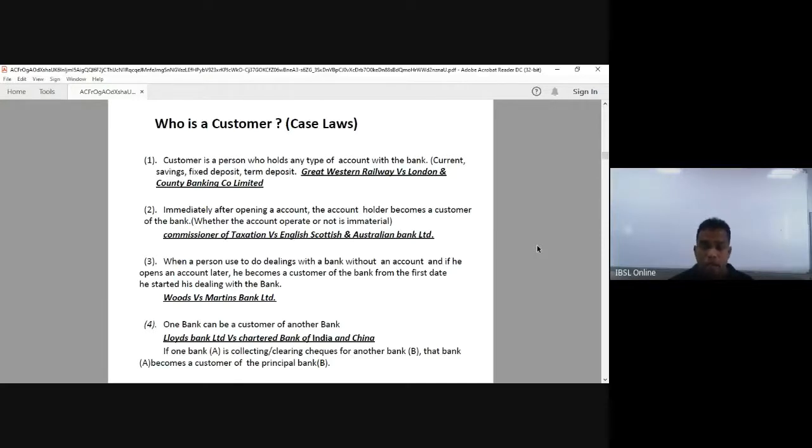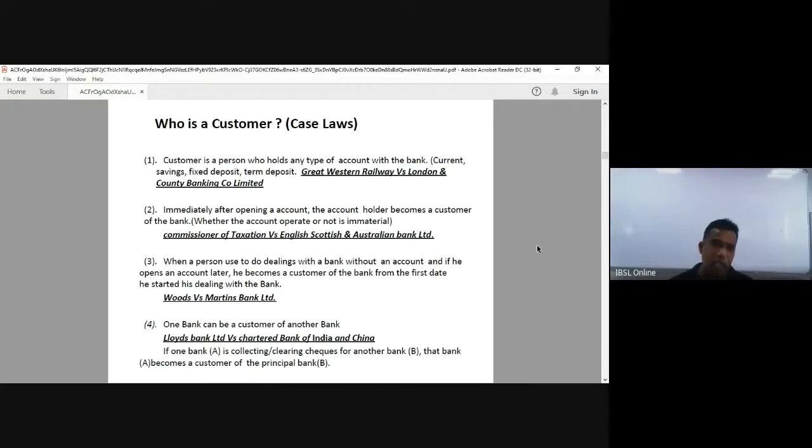But remember, even though we say it's a banker-customer relationship, one bank can be a customer of another bank. For example, HNB can maintain an account in Commercial Bank. So in both ends we see two banks.